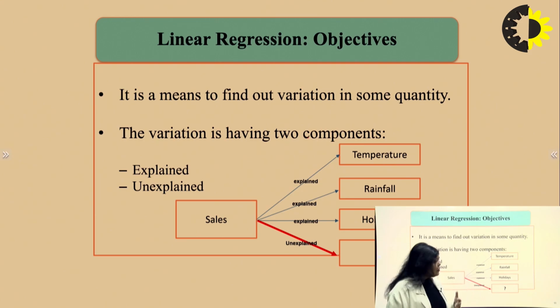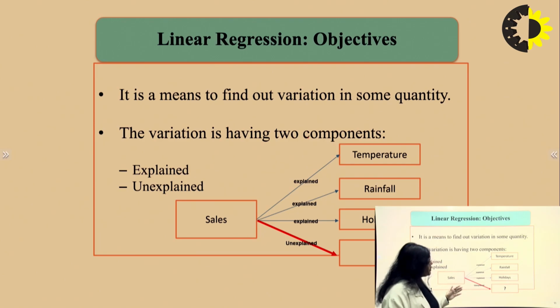Now I need to understand that there could be certain unexplained factors that are also going to impact the sales figures. So the variation in sales cannot be totally dependent on these variables or their combination. Even if I consider these three variables together, again there could be a fourth factor that is always impacting the value of sales, and this I take up as an unexplained part.